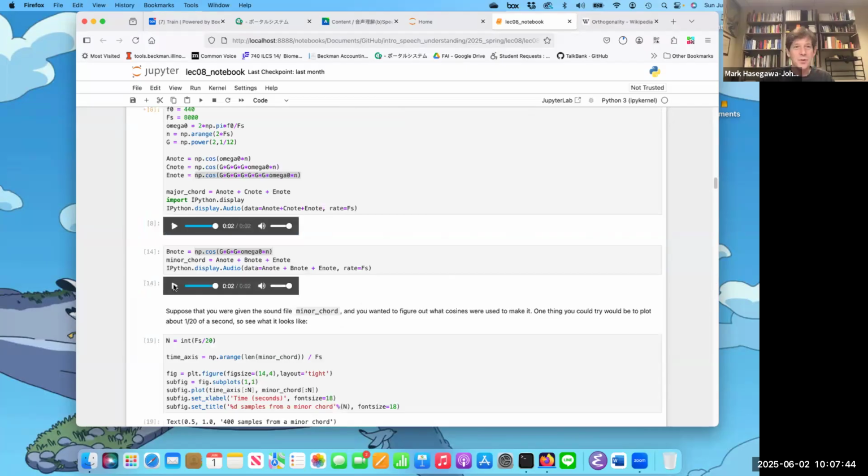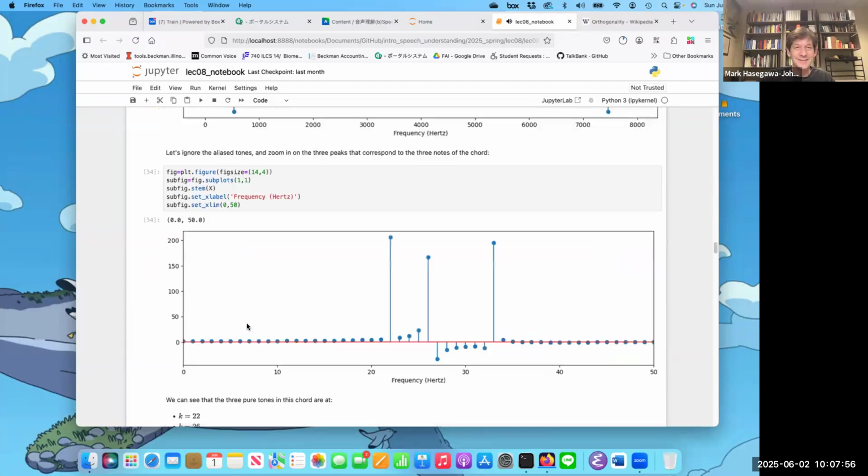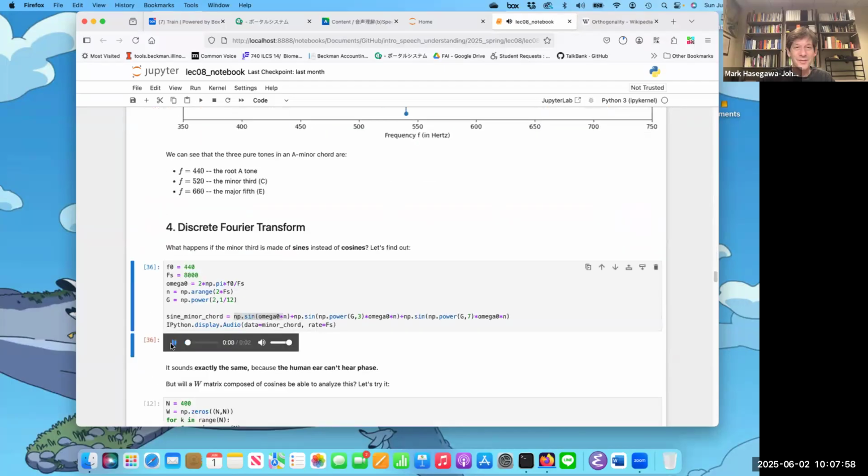The minor chord made up of cosines sounds exactly the same, right? I can't tell the difference between those. I don't know if you can tell the difference, but to me, those sound exactly the same.